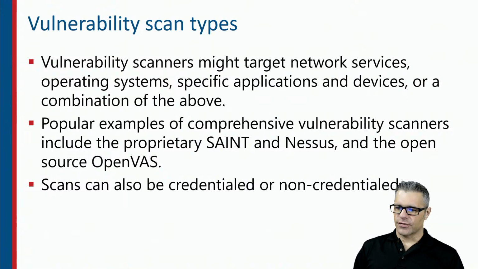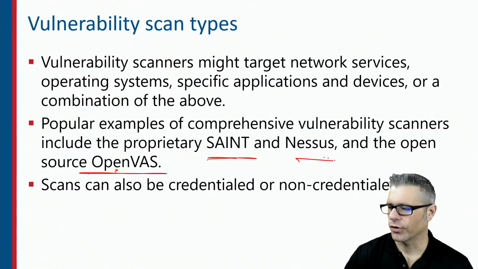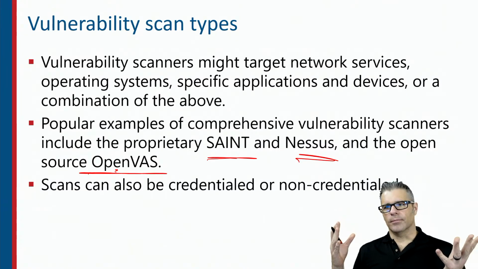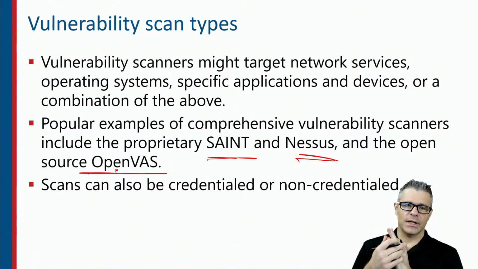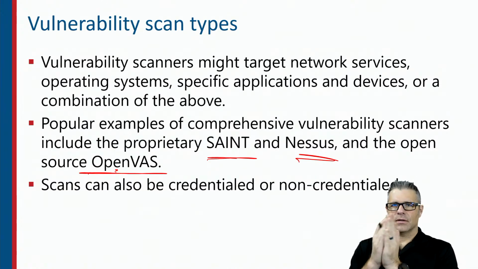Your vulnerability scanners, and we will look at OpenVAS. You can pay for Saint and Nessus. They'll actually do the enumeration piece and the network scanning piece for you if you want. But we'll look at specific tools that can do just that. Different ones will be better at certain things.